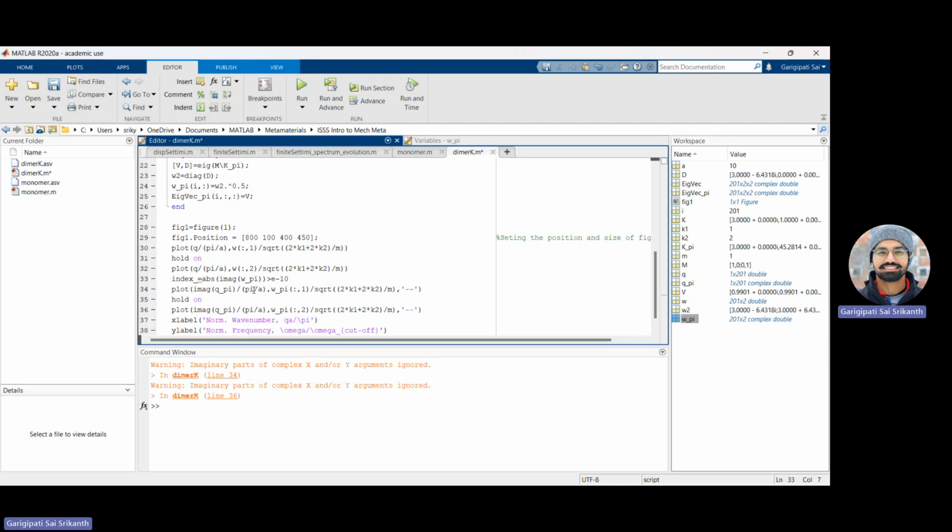Index omega unreal, right, but omega real. Okay.